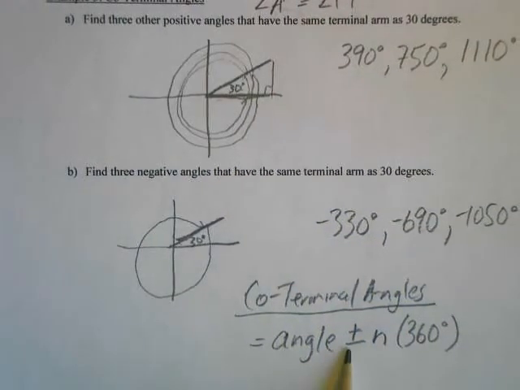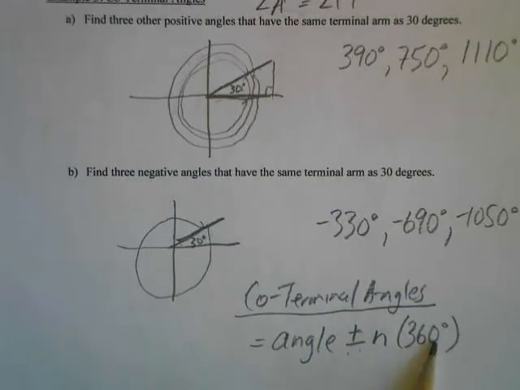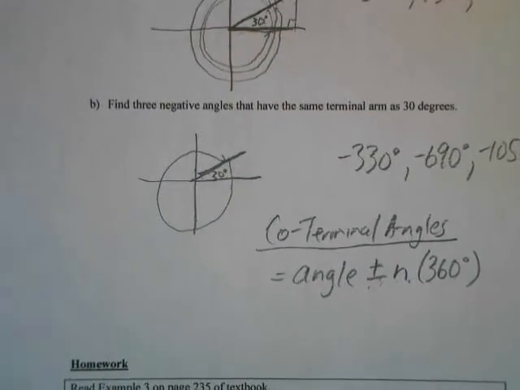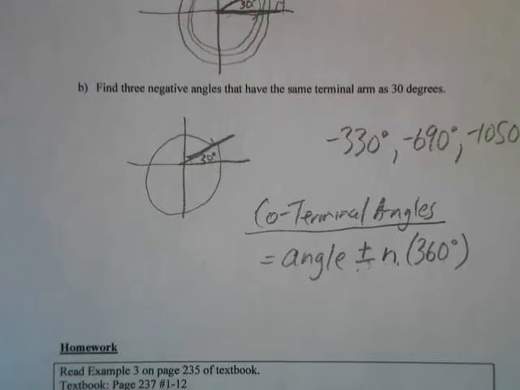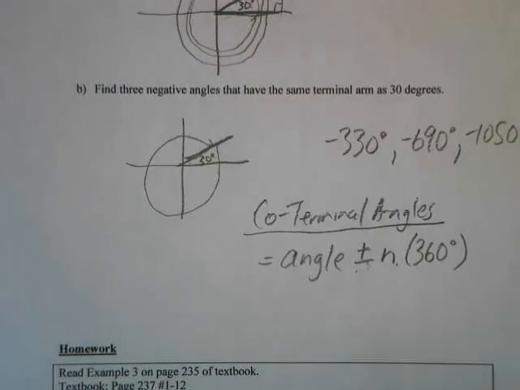If you want to get some negative angles, you subtract multiples of 360. If you want to get more positive angles, you add multiples of 360. So it's pretty straightforward. I hope that makes sense. I've got some homework questions for you to try out. Hopefully the examples we did are good enough for you to be able to understand that.